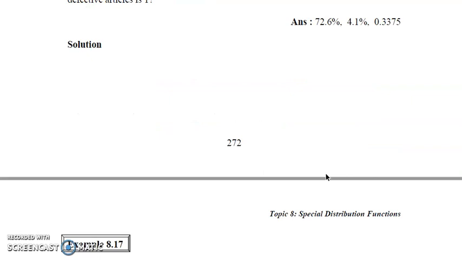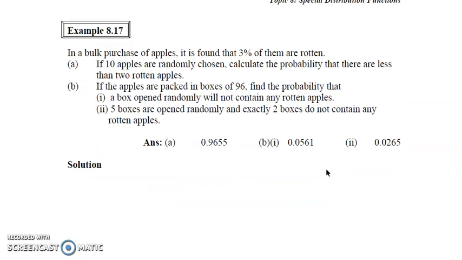Just try it first. And the last question, example 8.17 here, which already has answers. If you want some hints for question A, you'll be using the binomial distribution. What is your N, what is your P, and use your binomial distribution formula.